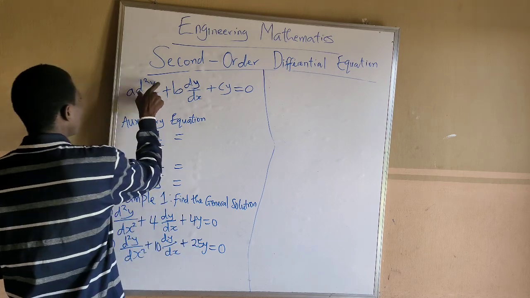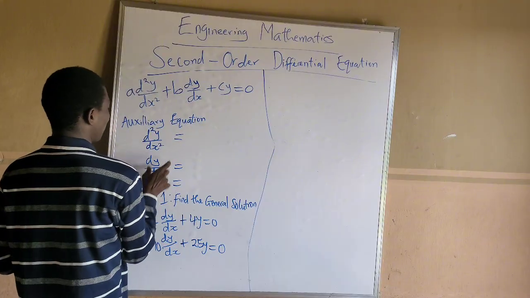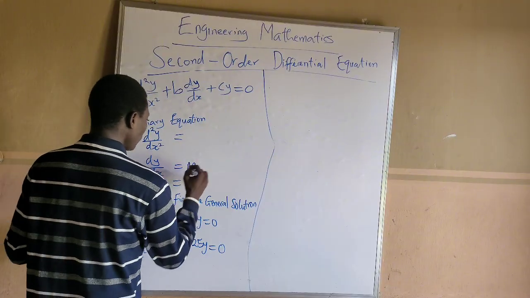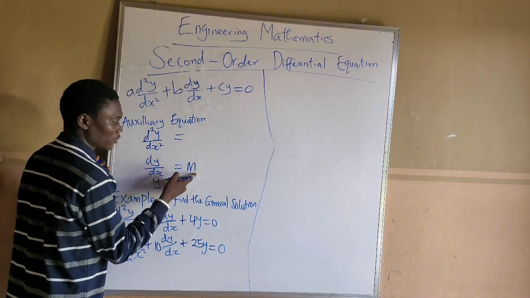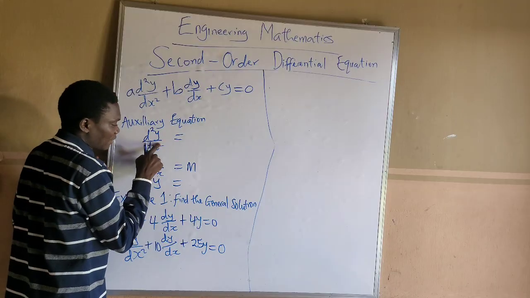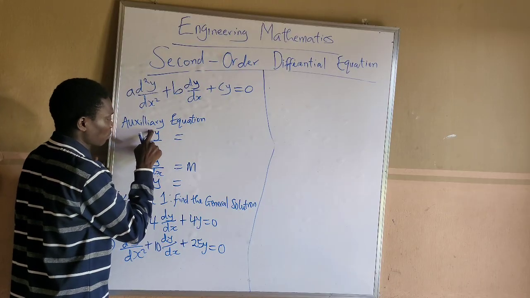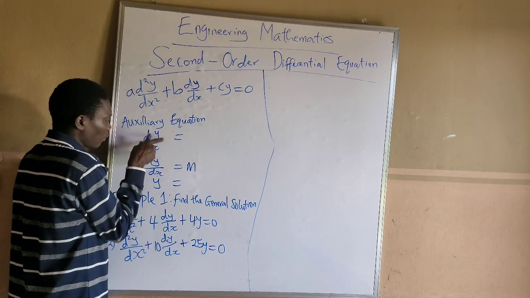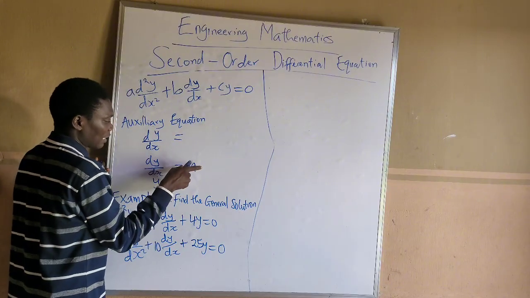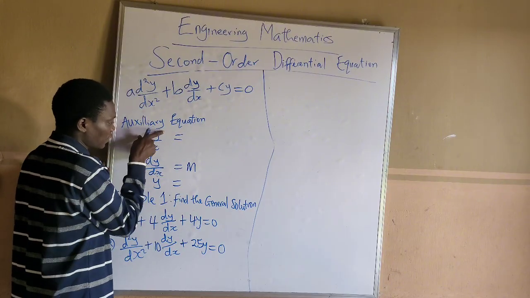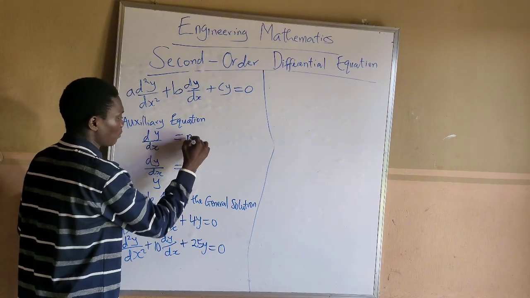Now we are going to represent our d y over d x to be m. Suppose I erase this, this is still d y over d x. So if my d y over d x is equal to m, let me put m here at first.